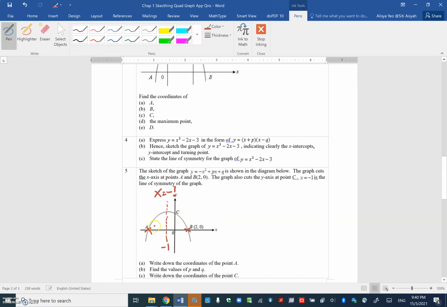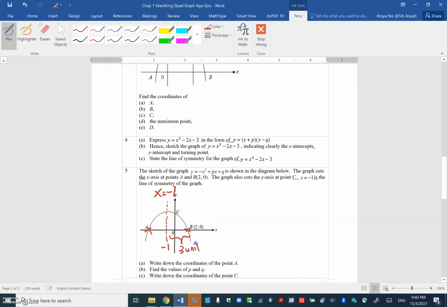You know that x equals -1 is the mirror line. So we will look at the number of units from the mirror line, x equals -1, to the point B. From 0 to 2 is 2 units, and from 0 to -1 is another 1 unit. So in total, the right side of your mirror line is 3 units.